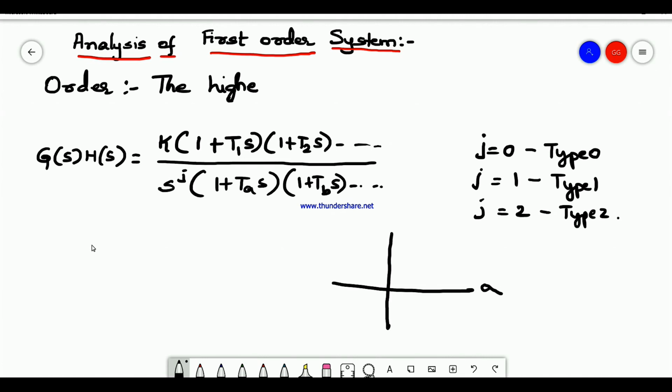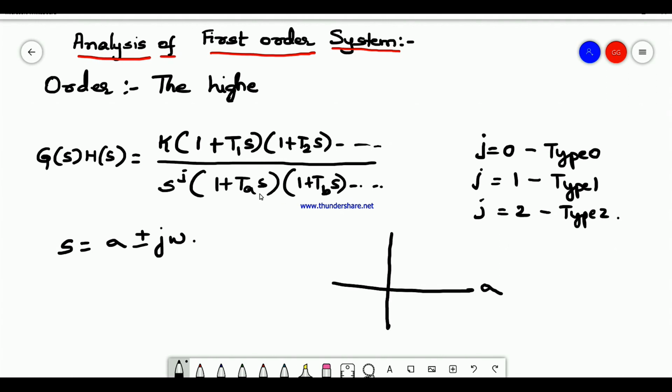Normally the roots you will get are s equal to sigma plus or minus j omega. So you might get only real roots, or you might get complex conjugate roots. Roots in the sense you find out the roots for this particular s. You all know how to find out the roots when it is a quadratic equation.